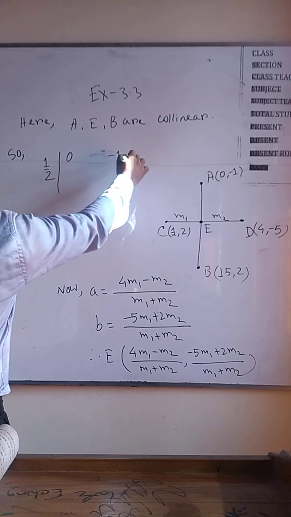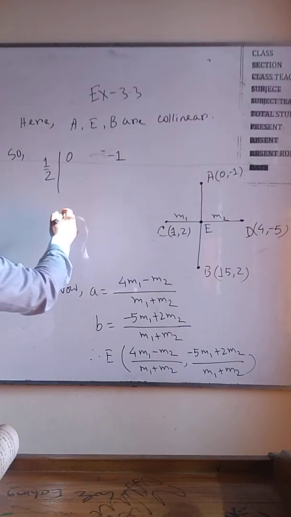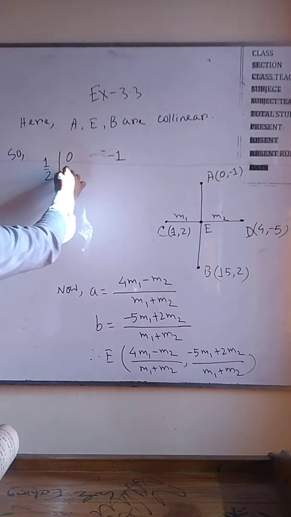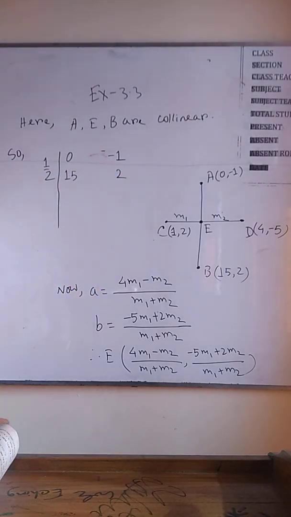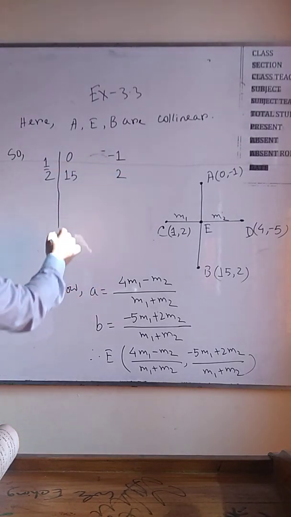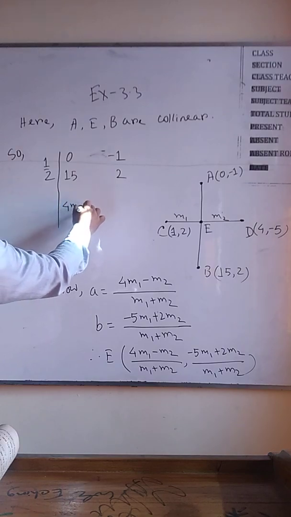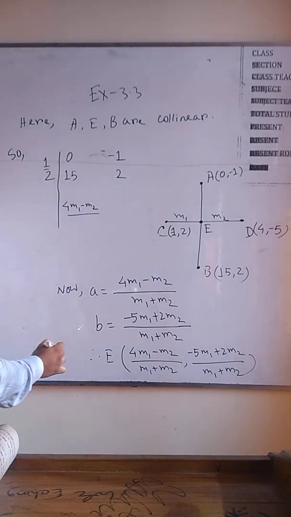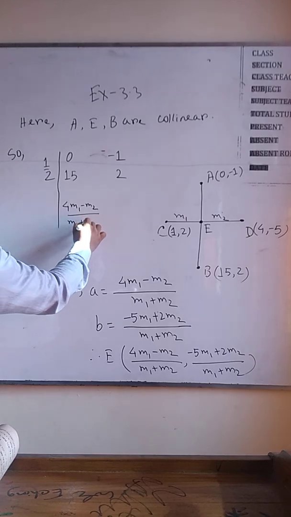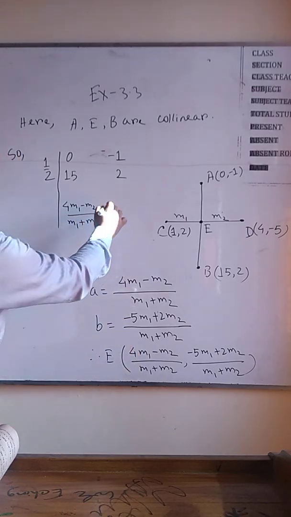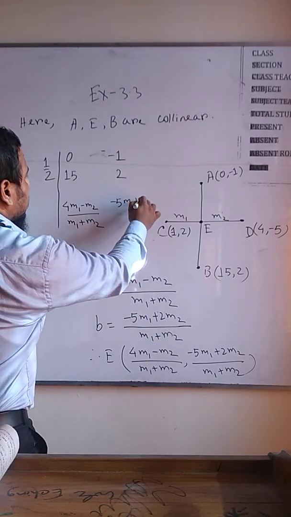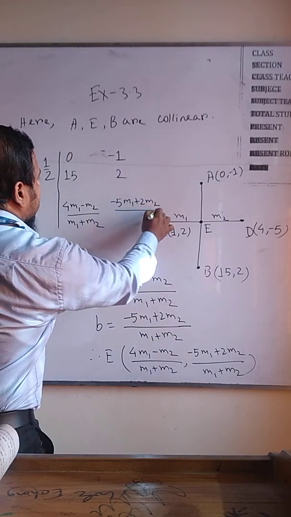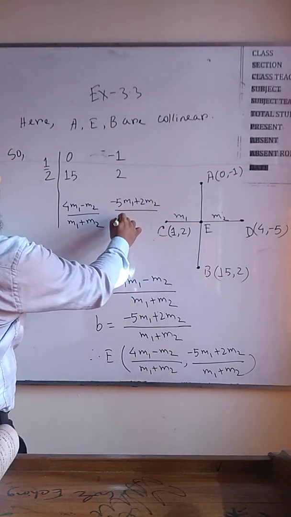Okay, we have to take a space. 0 minus 1, B is 15 2. Okay, and E is (4m1 minus m2) divided by (m1 plus m2), and it is (minus 5m1 plus 2m2) divided by (m1 plus m2).